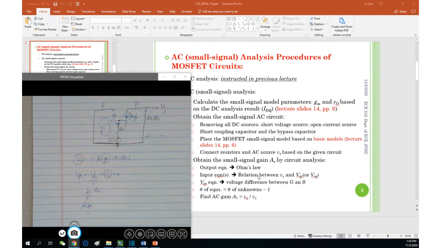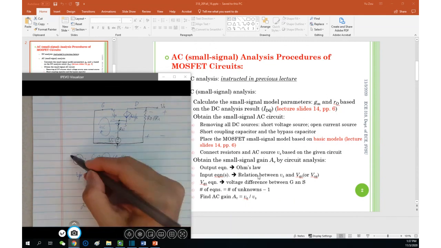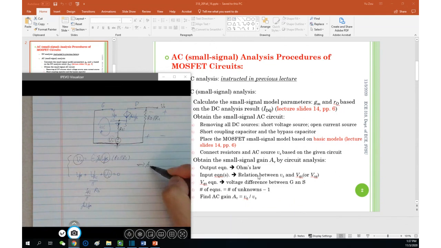It's good. Enough. Look at here, number of equations equals number of unknowns minus 1. Yes, it is the case here. So we're ready to conduct algebra.